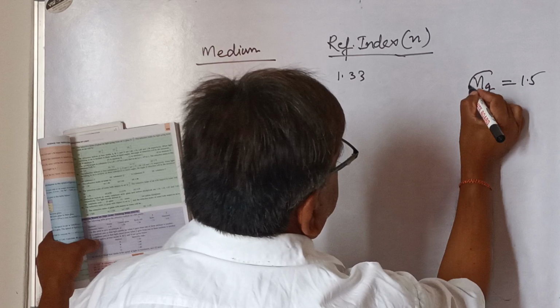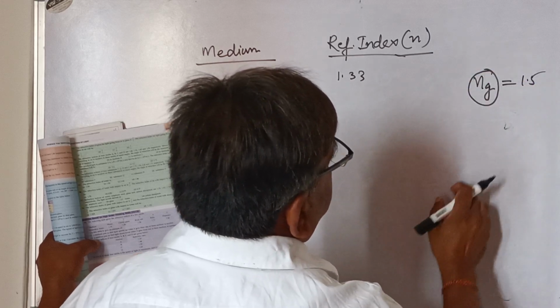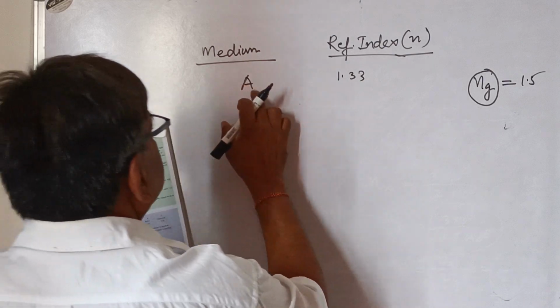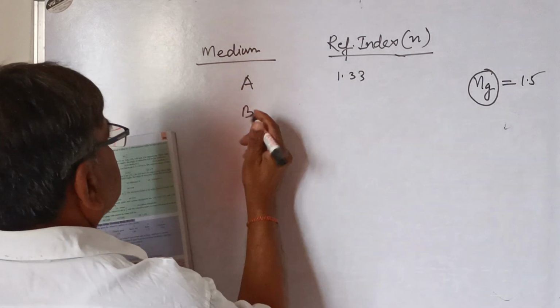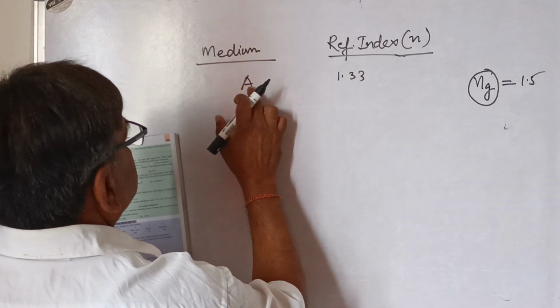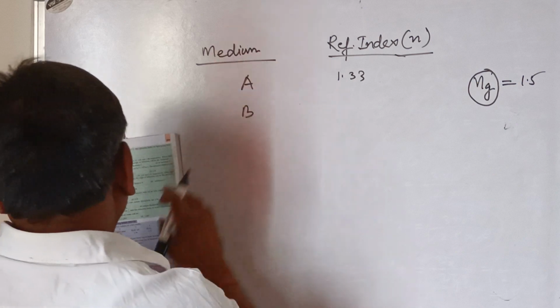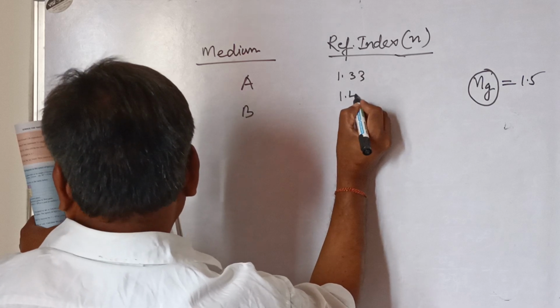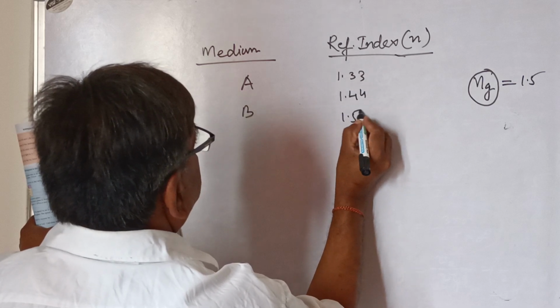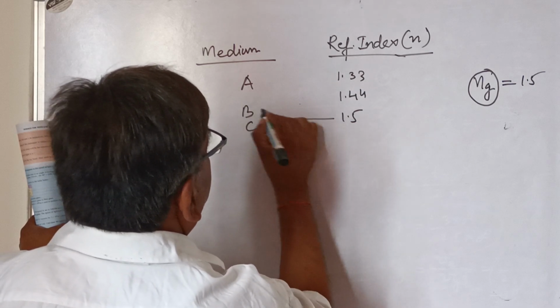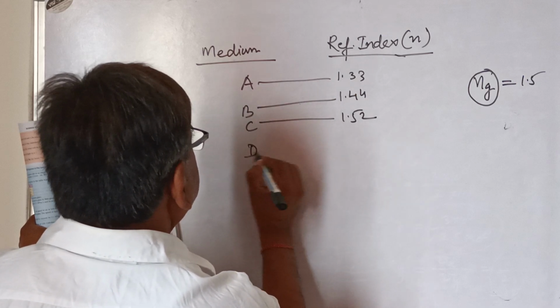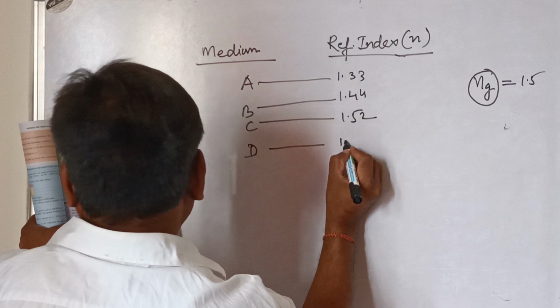So this is the absolute value of the refractive index of glass. First medium A is 1.33. In this case medium A is the second medium, first one is air. And B is 1.44, C is 1.5, and D is 1.65.